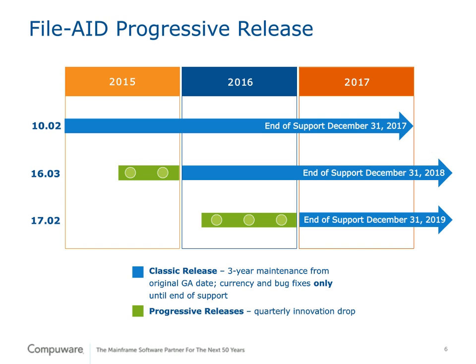Now, since this is a progressive release, we will continue to deliver new functionality in October and again in January of 2016. After January, File-AID 1603 will become the classic release and no more new functionality will be introduced. However, maintenance will continue to be delivered for 3 more years.